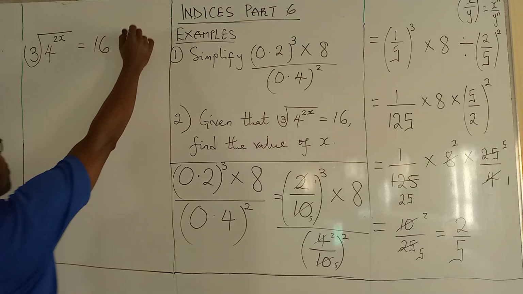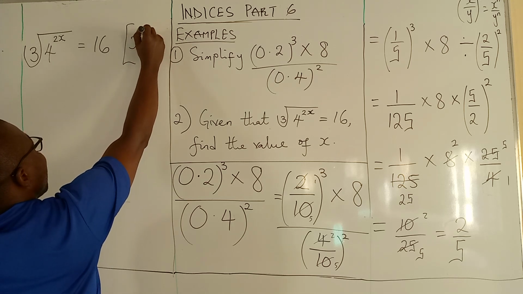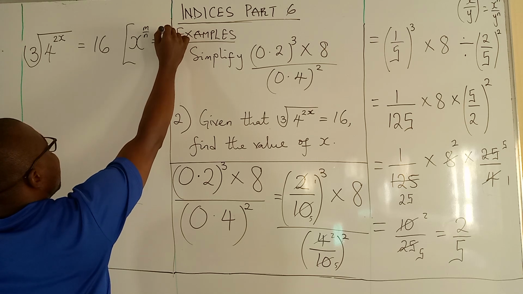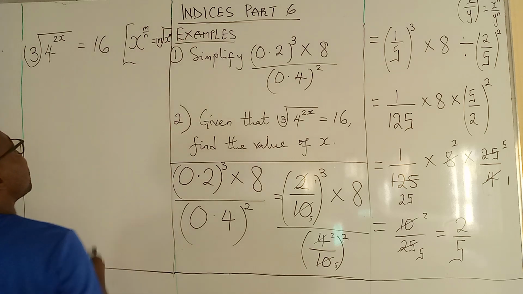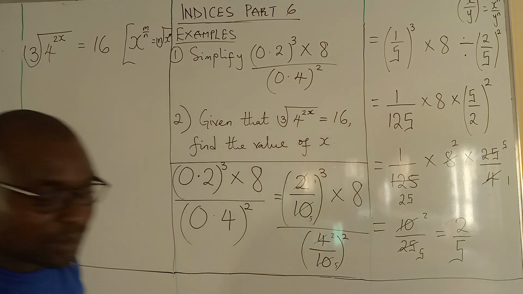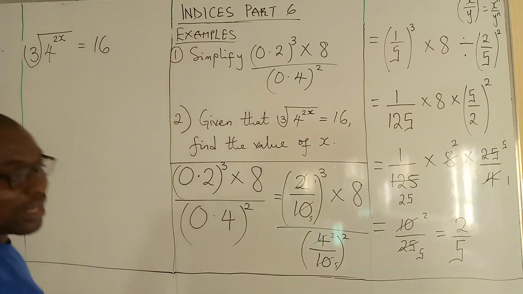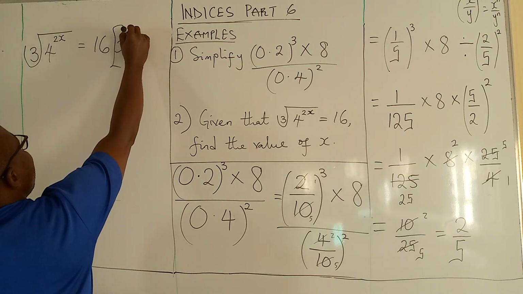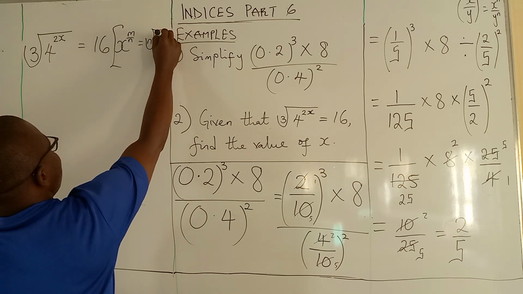Fractional index law states that if you have x raised to power m over n, it is the same thing as the nth root of x raised to power m. Write it again. X raised to power m over n is the same thing as the nth root of x raised to power m.